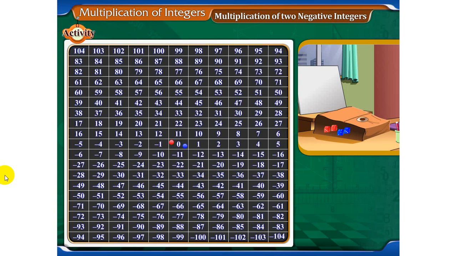If the product is a negative integer, then the player will move his counter towards minus 104. The player who reaches minus 104 or 104 first is the winner.